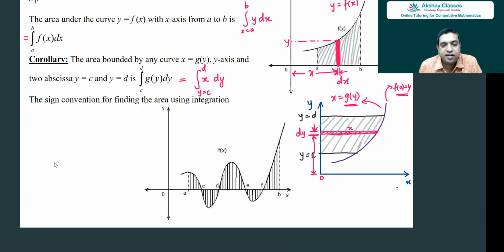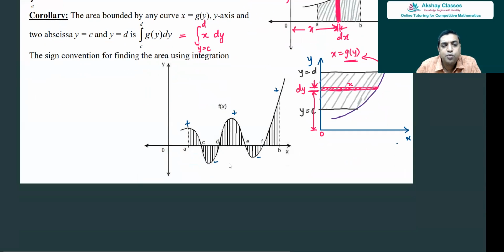When you find integral, this upper portion curve will have positive sign. f of x dx will have positive. This will have negative. This will have positive. This whole portion will have negative and again positive.